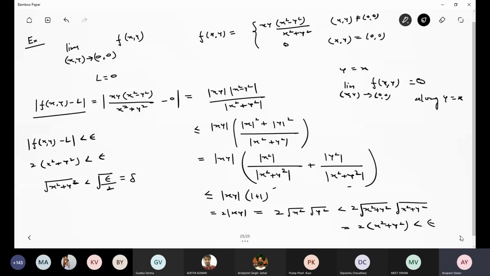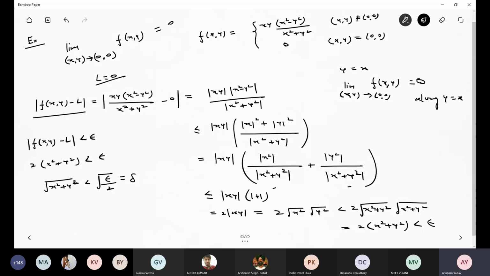So you see, mod f(x,y) minus L is less than epsilon whenever under root x square plus y square is less than delta. The scenario again exists and follows for this particular case. So this limit L equals 0, which we had taken as a guess only, it is actually 0.